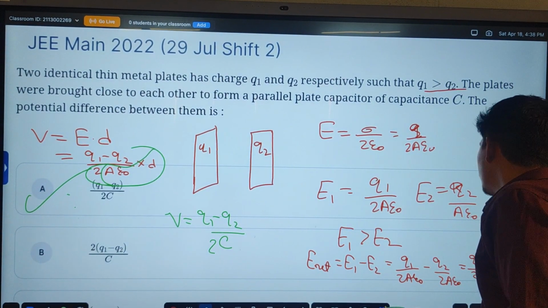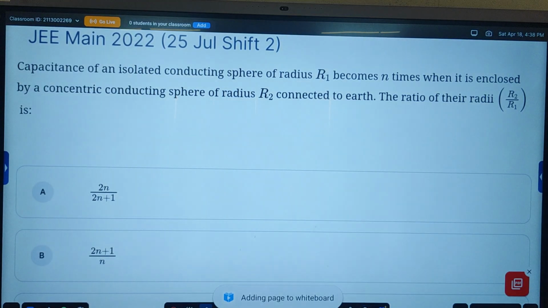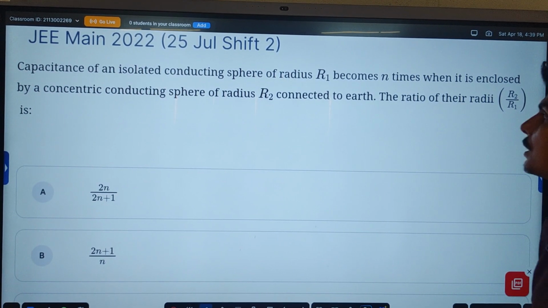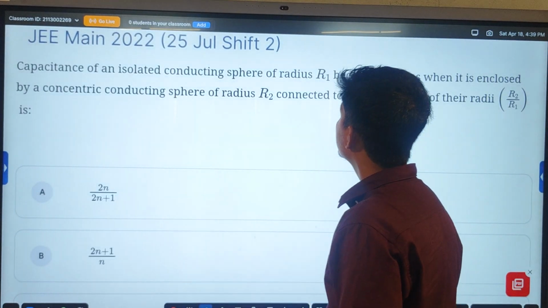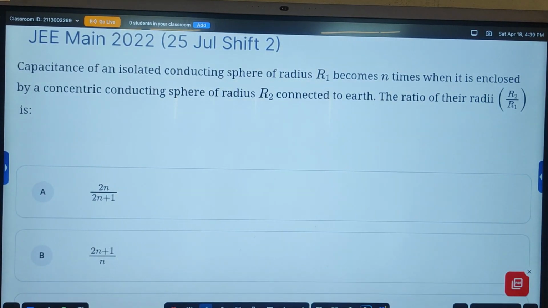Next question is very simple, my friend. Capacitance of an isolated conducting sphere of radius r1 becomes n times when it is enclosed by a concentric conducting sphere of radius r2 connected to earth. The ratio of their radii?